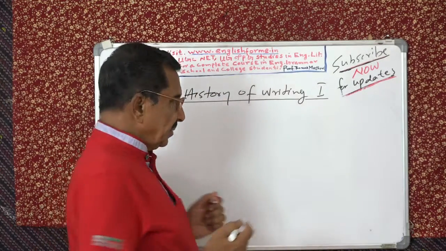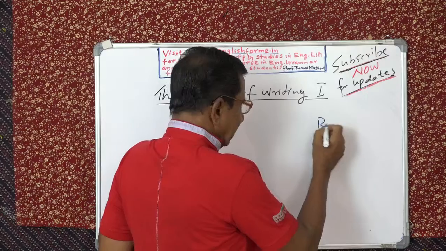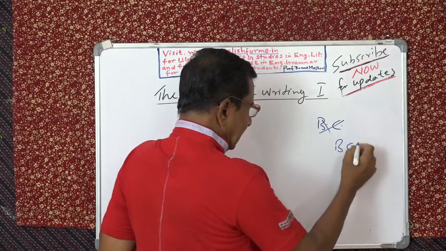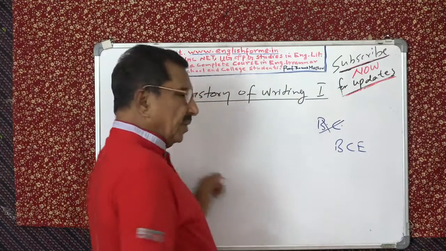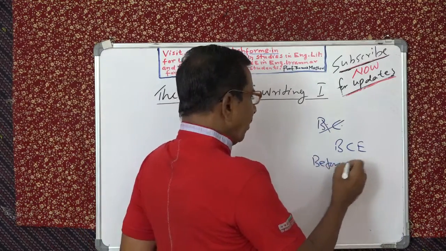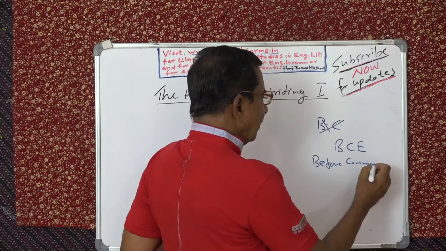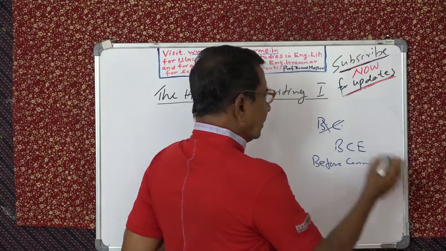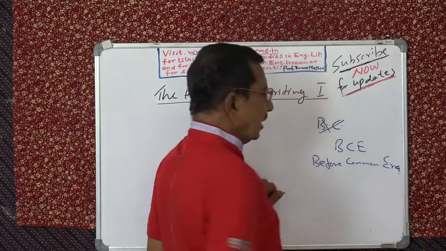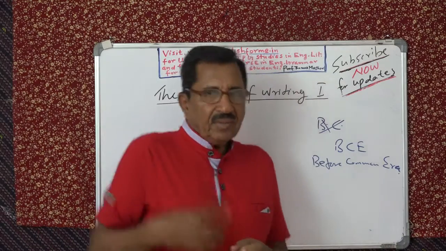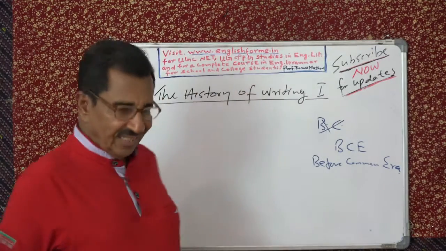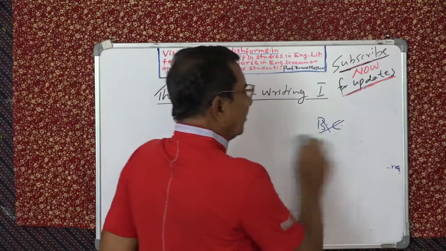These days we don't say BC. BC means before Christ, but these days we say BCE, before Common Era. Otherwise maybe there is some religious significance, before Christ. That may be the reason, I don't know.